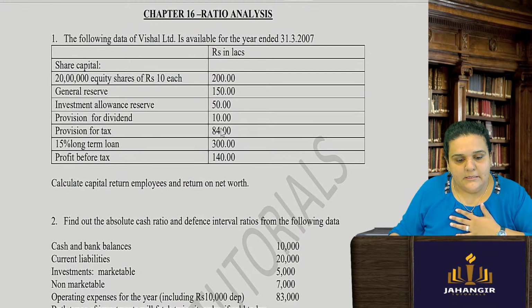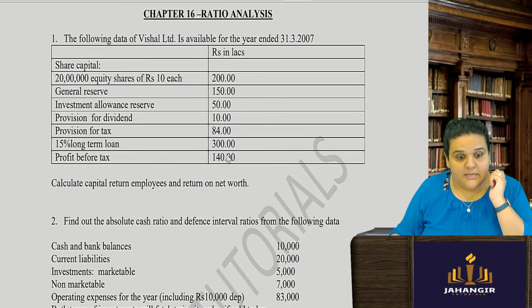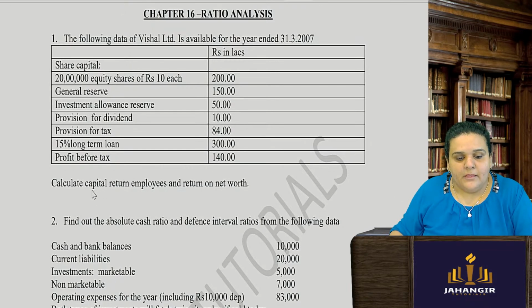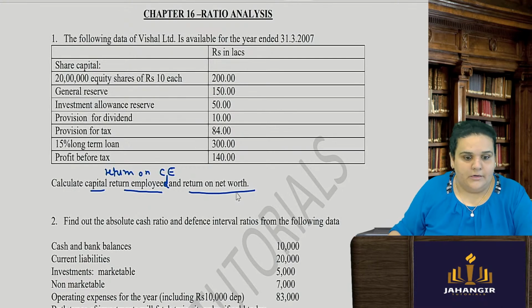Provision for dividend 10 lakhs. Provision for taxes 84. 15% long-term loan 300 lakhs and profit before taxes 140 lakhs. We have to calculate return on capital employed, and we have to calculate return on net worth.